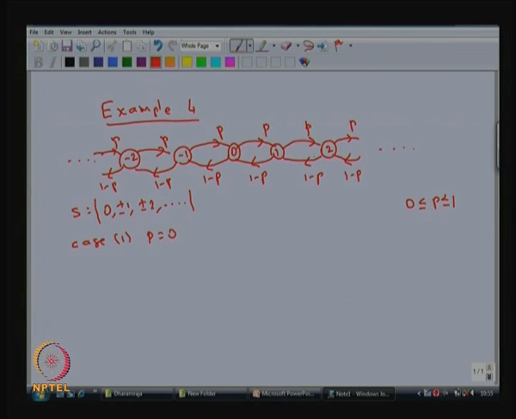Therefore, you should be able to visualize the state transition diagram corresponding to p equal to 0. There are no forward arrows. That means, whenever the system starts from some state, it will keep on going one state less in every step.